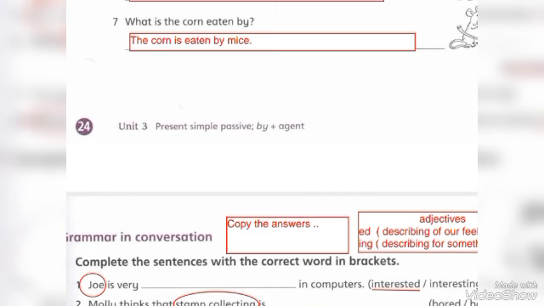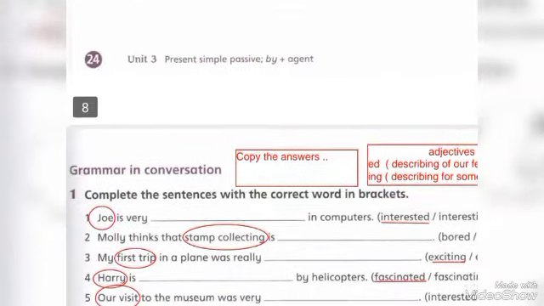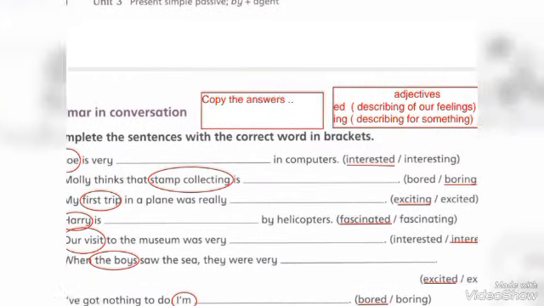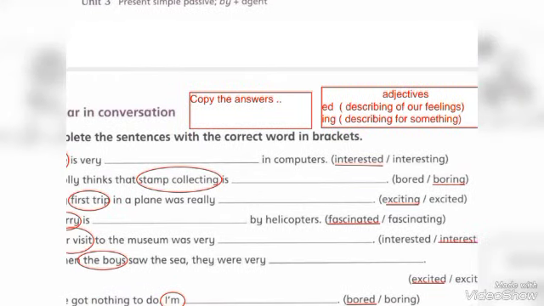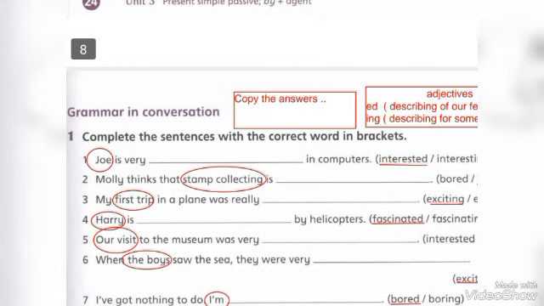Harry, here I describe the feeling of Harry. Harry's feeling is fascinated. Our visit is interesting. When the boys, okay, excited. Here I explain the feeling of the boys, so I add ed. Here I add ed because I am describing my feeling.